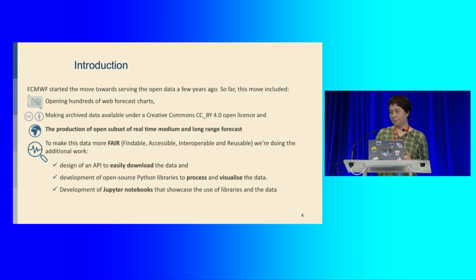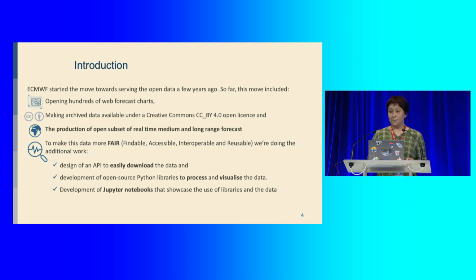We have to make it gradually. In 2020, the first thing we did was open our static web charts. All of the static web charts that we produce are open since 2020, and archive data is also open since 2020.